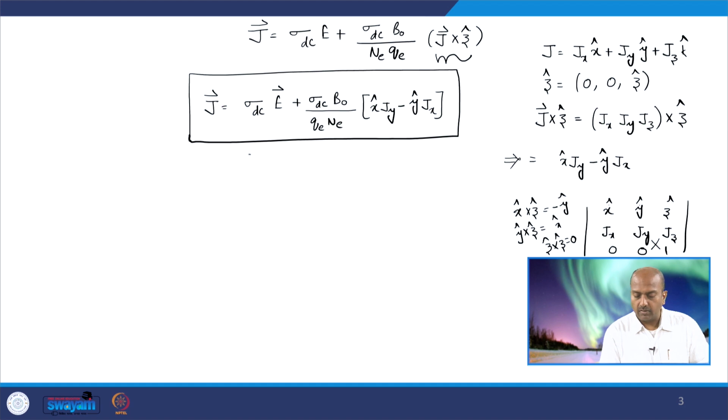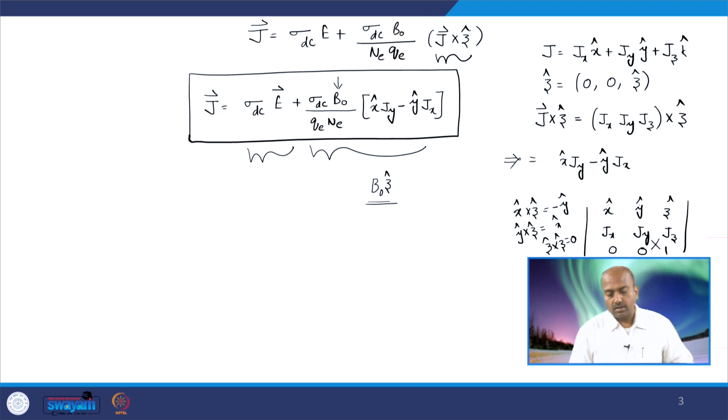So the total conductivity is made up of this DC component and another component which is basically dependent on the magnetic field. And more importantly, there is no component which is aligned along the Z cap, because B naught Z cap is the direction of magnetic field. So you see this Z cap, along Z cap there is nothing. That means the parallel component of magnetic field will vanish.